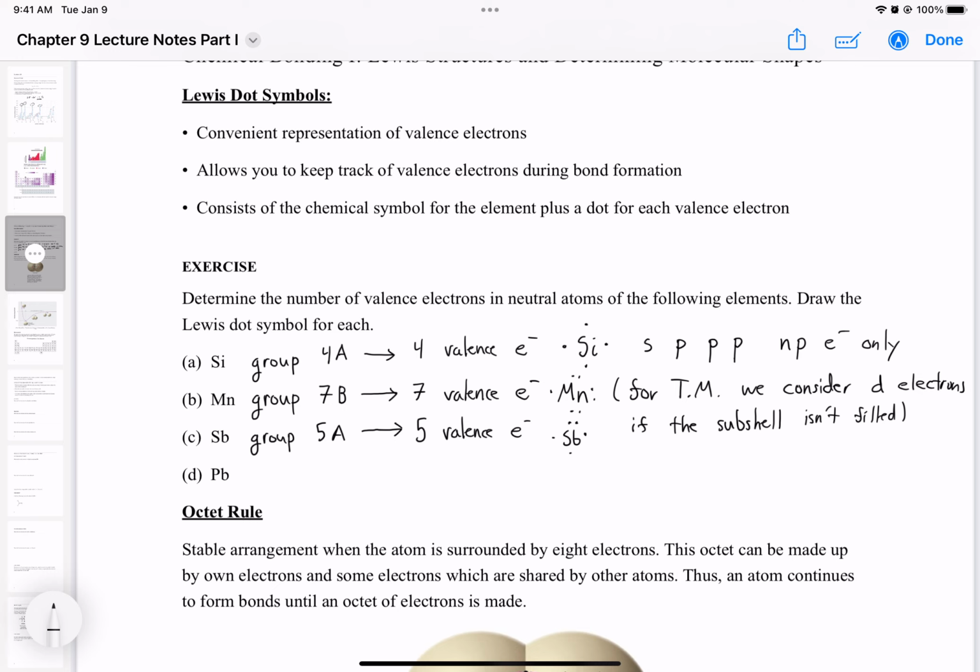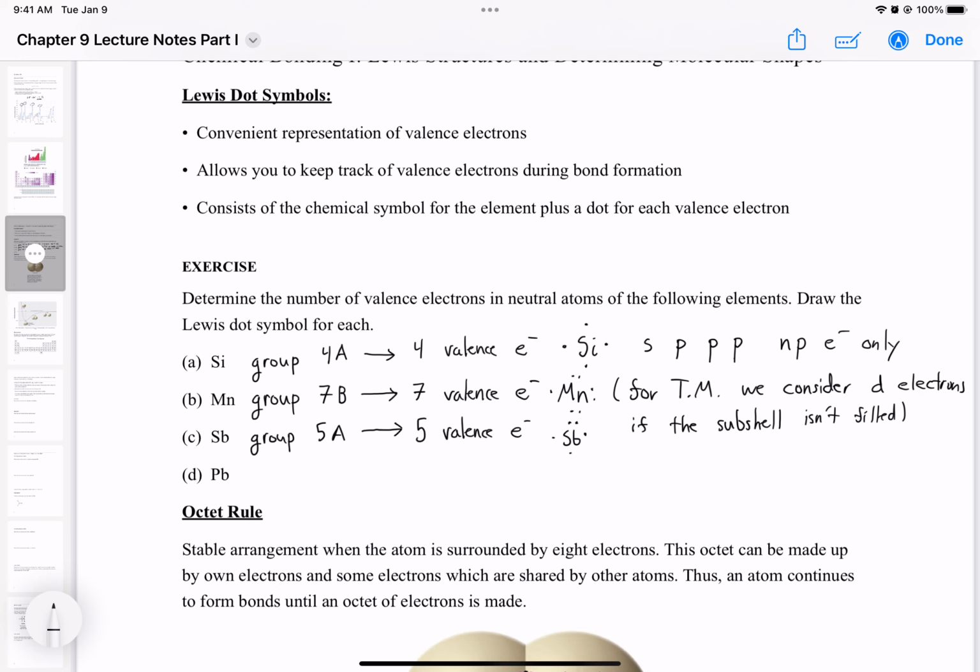So antimony usually forms 3 bonds with its compounds, but it can form more. It's not limited to 3, and that's because it has d orbitals that are available. Same with manganese. Metals typically don't bond like non-metals do, but they can form more than 4 bonds. We'll talk more about that when we start drawing some compounds.